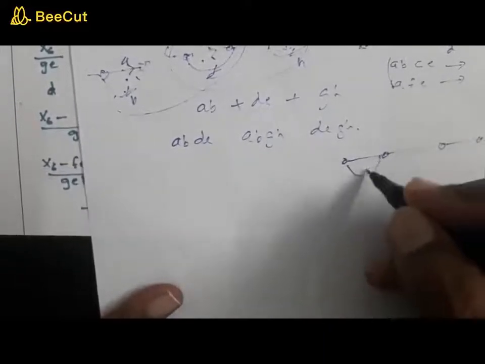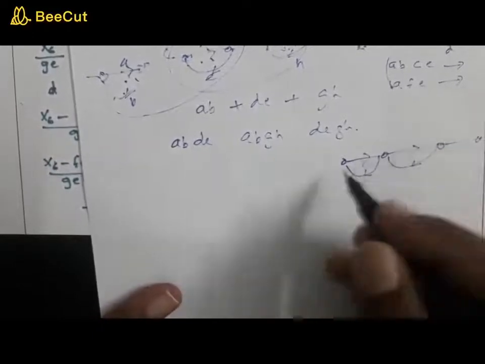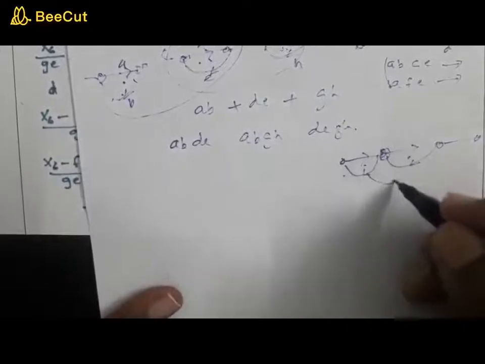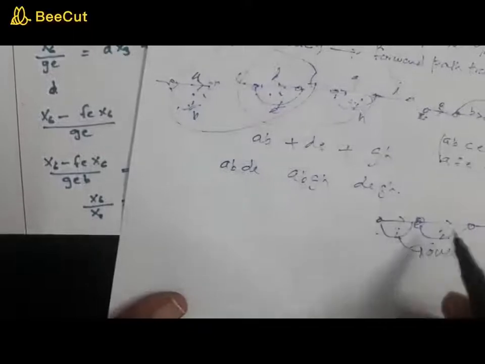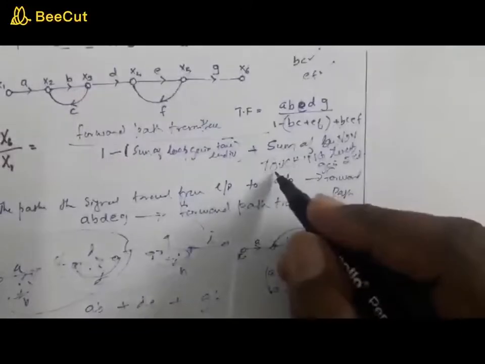Now you can have a scenario like this. Say this is a loop, and you can have another loop like this. What happens? This node is shared by 2 loops. So these are called touching loops, and you cannot consider them when you take loops 2 at a time. You can have individual transmittances, but when you take 2 at a time, they have to be non-touching loops.